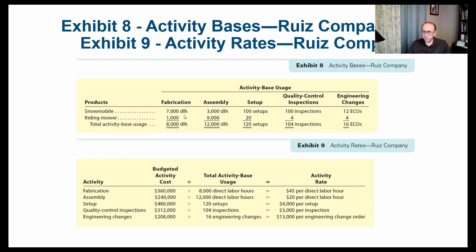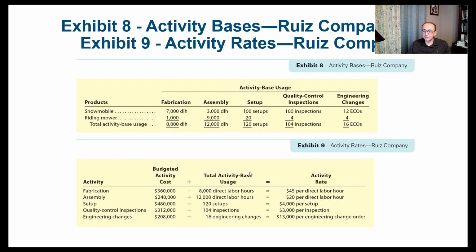These are very important because this is how we're going to get the fractions for each product. So one more time, we have 5 activities. Remember, now we are doing the ABC: fabrication, assembly, setup, quality control inspections, and engineering changes. The 1.6 million was allocated among these 5 activities as follows, and these numbers were previously allocated.